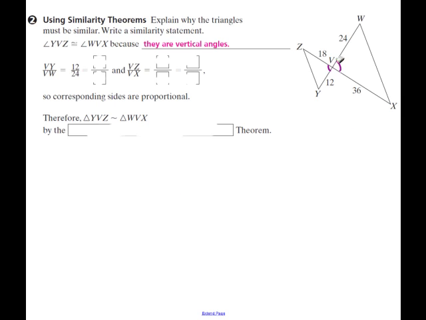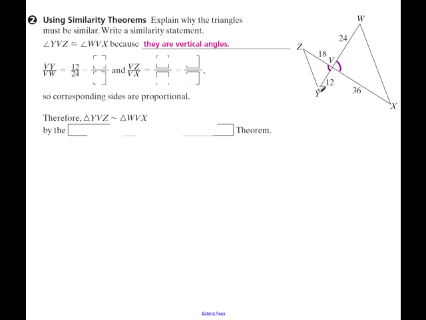So we've got congruent angles here, and then we can see that we do have measurements for the sides that make up those angles. So if we think back to the postulates and theorems that we learned for this lesson, we do know there is a side angle side, but we have to show that the sides are proportional. So first they're going to look at VY and VW.